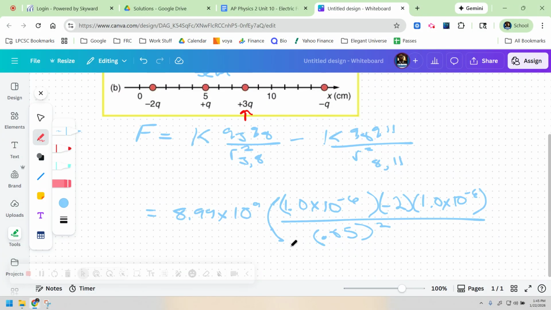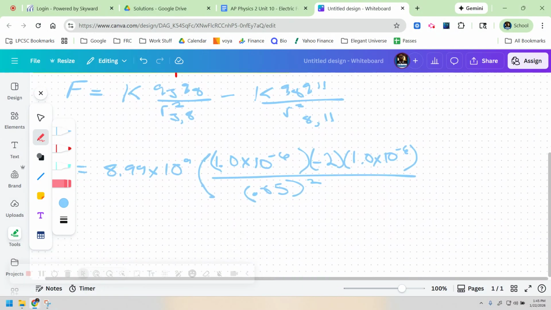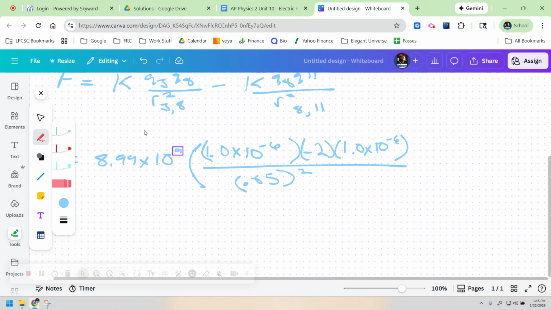Now that is just the first charge. I'm going to have to move this over. Now you could shorten this a little bit. I'm going to say minus, same thing, I'm going to have negative 2. It's the same exact charge, right? But I'm going to rewrite it like this because it's a little easier.